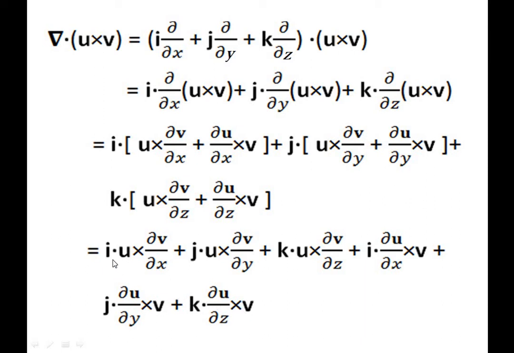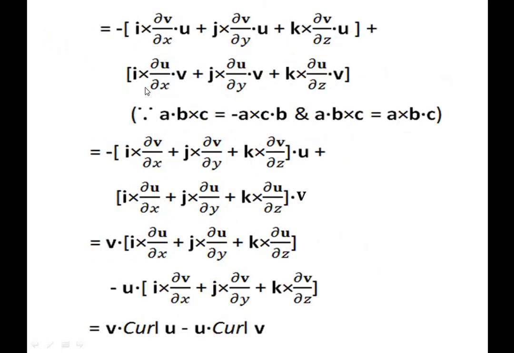Next we rearrange this by changing dot and cross. We have a property: for three vectors a, b, c, a dot b cross c equals a cross b dot c.